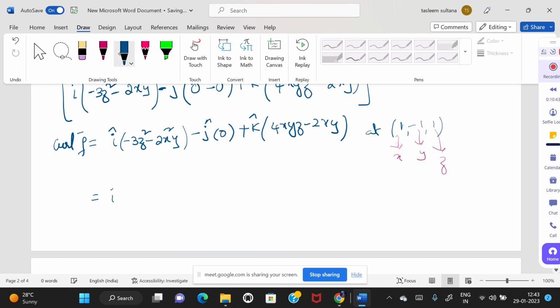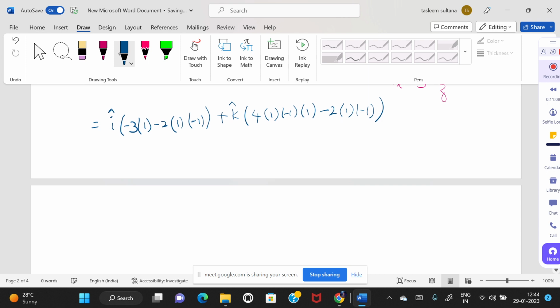It's equal to i vector of (−3 into z value which is 1, minus 2 into x which is 1 and y which is −1), 0, then plus k vector of (4 into 1 into −1 into 1, minus 2 into 1 into −1), which is equal to i vector of (−3 + 2) plus k vector of (−4 + 2).